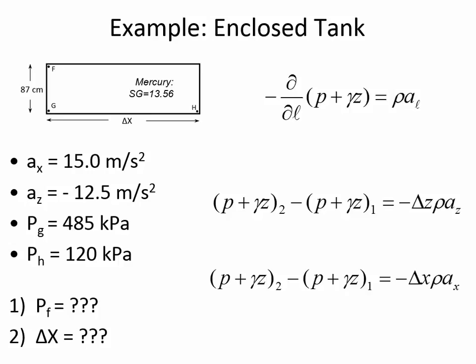But in this first question, you can see that there is a rectangular tank of fluid that's accelerating both in the x direction and in the z direction. So from the signs, it's accelerating to the right and downward.